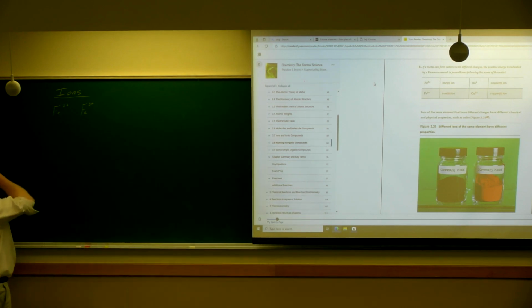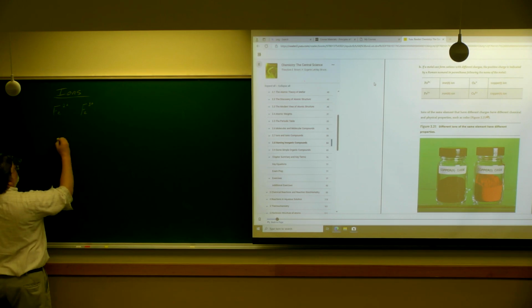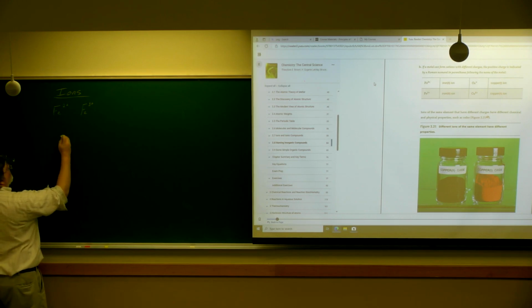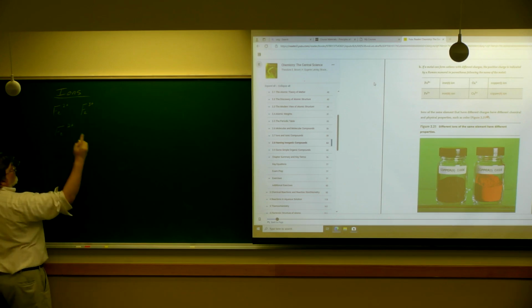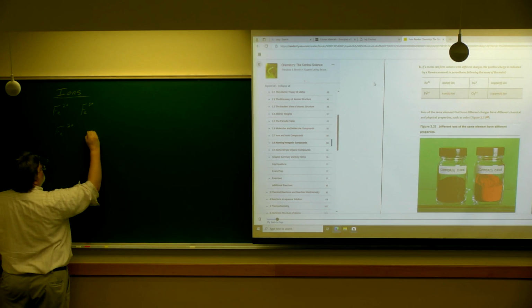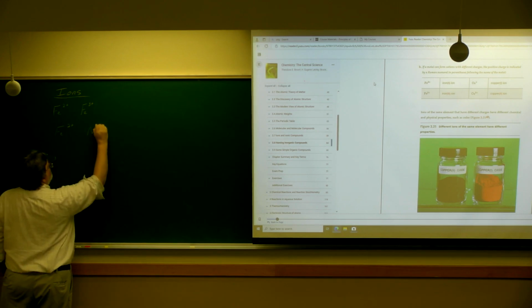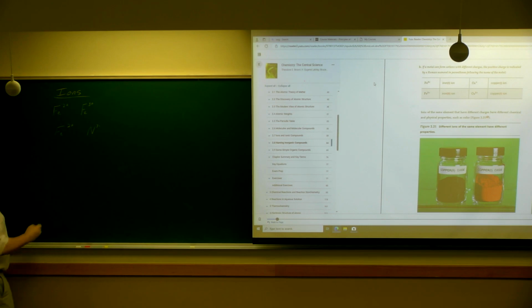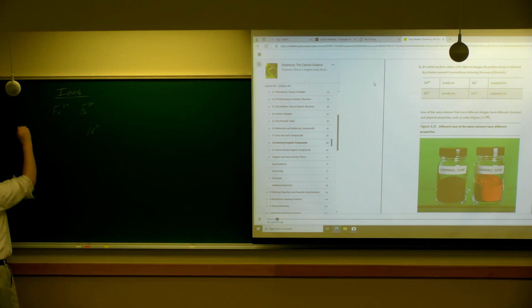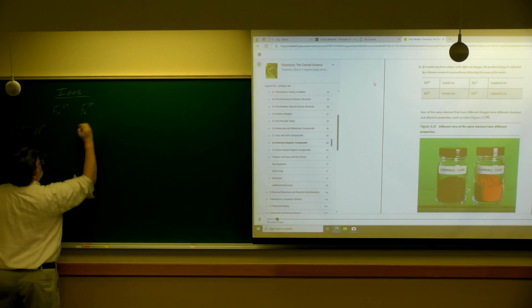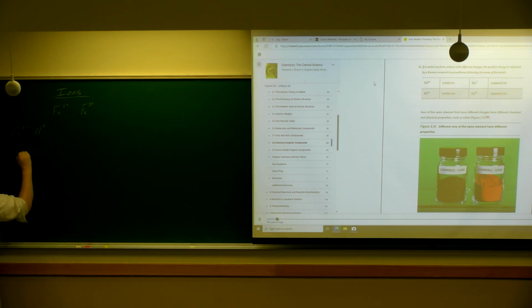So here's the thing, so let's say there's my metal, and if I want to use for a non-metal, let's say I use nitrogen again, which would be 3 minus. You would have, do it over here, Fe2 plus with nitrogen, which is 3 negative. What you would get for a formula here is Fe3N2.